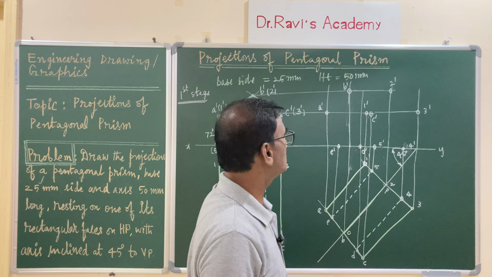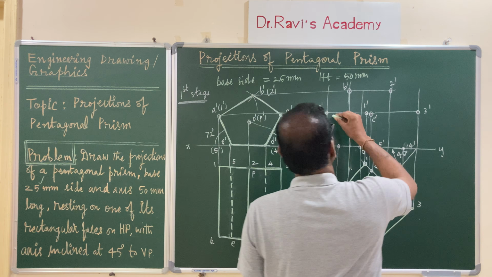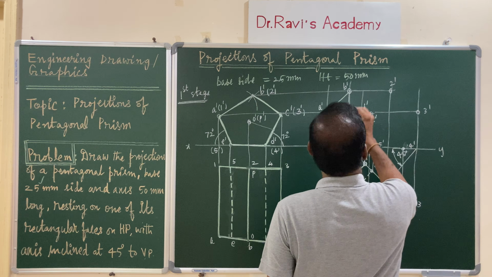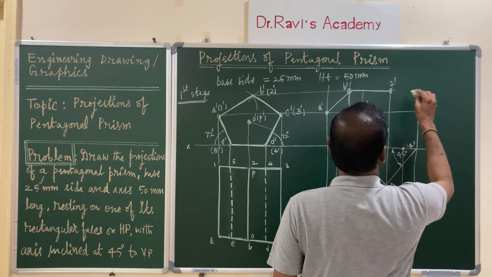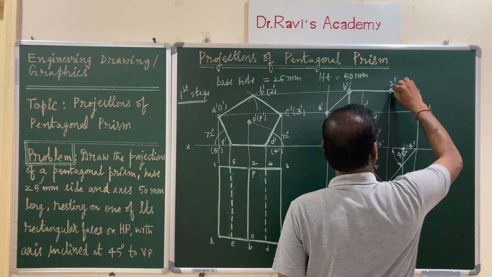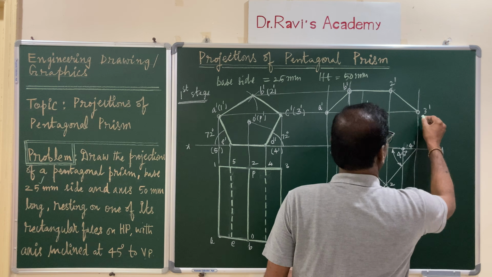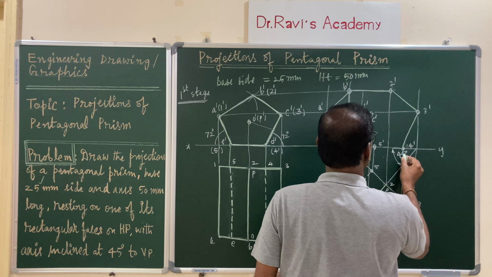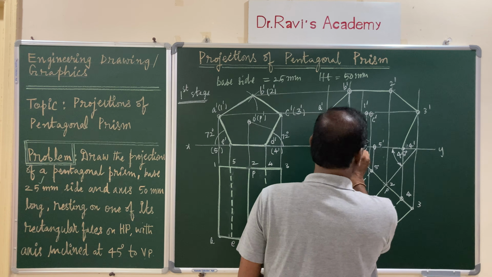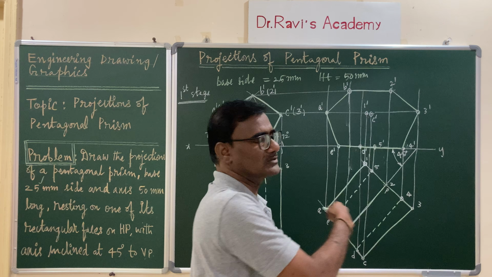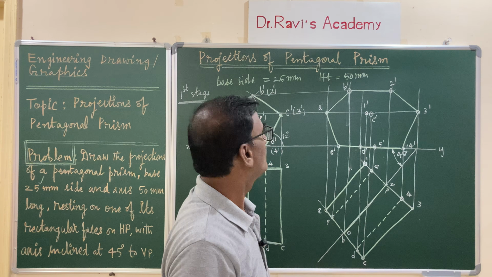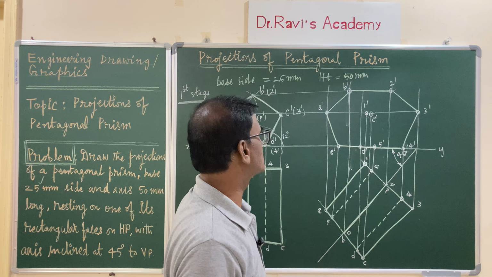First you join the borders of the solid. I am joining AB as the border, A prime, B prime, and B prime to 2 prime, 2 prime, 3 prime, 3 prime, 4 prime, 4 prime to E prime, and finally this is the border. Without any analysis, blindly you can join all the corners of the borders.